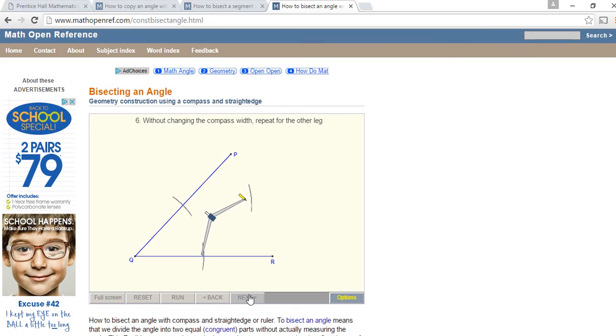Now you're going to draw a line from the vertex Q to where the arcs cross. Right there in the middle. And voila! You have an angle bisector. Isn't that cool? I think that's cool to find these. For me, it is.